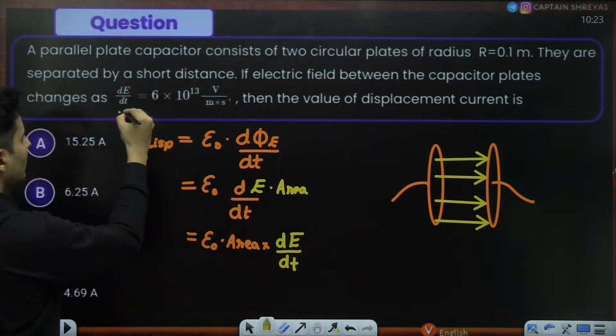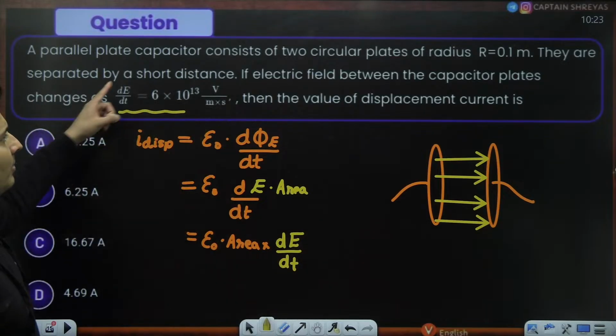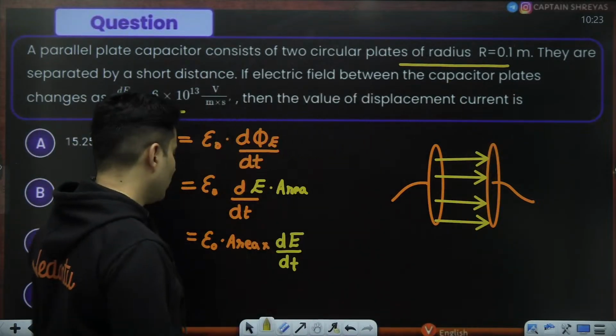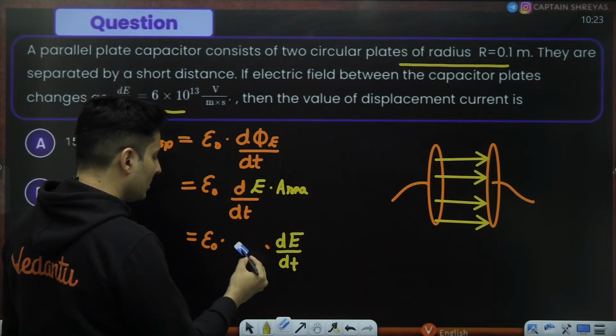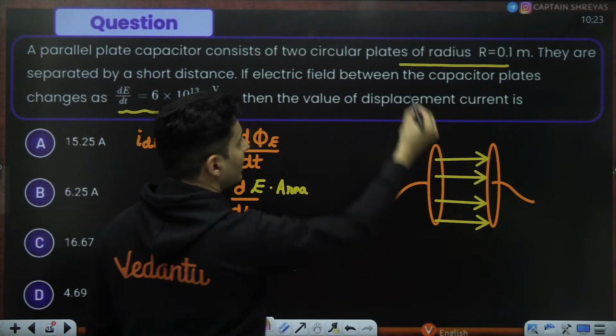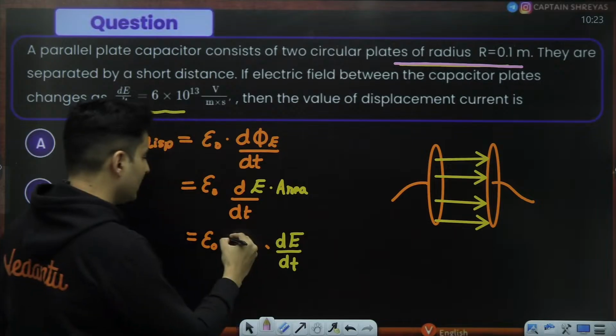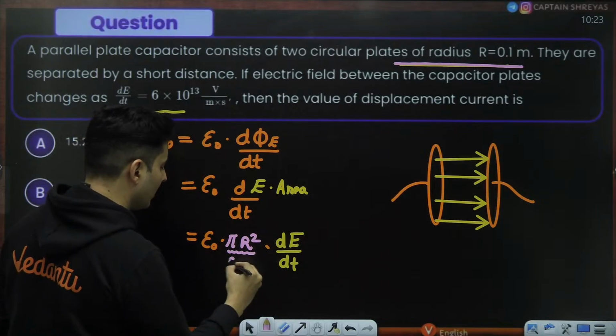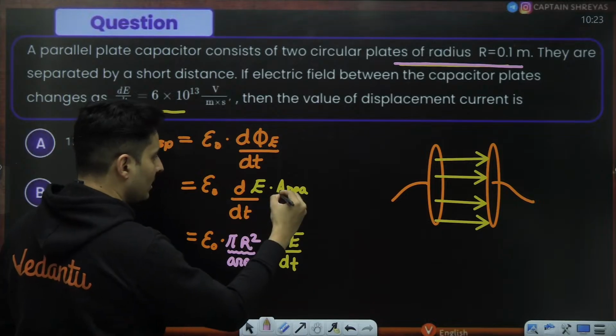Now dE by dt is already mentioned over here. The parallel plate capacitor circular plate is also mentioned over here. So I know what the area is going to be. The radius being mentioned means the area will be pi r square. So that is nothing but your area.